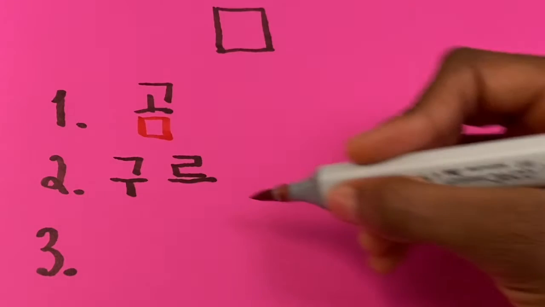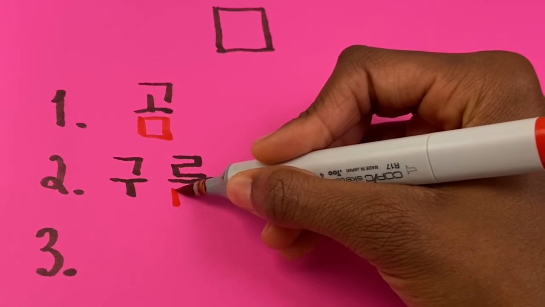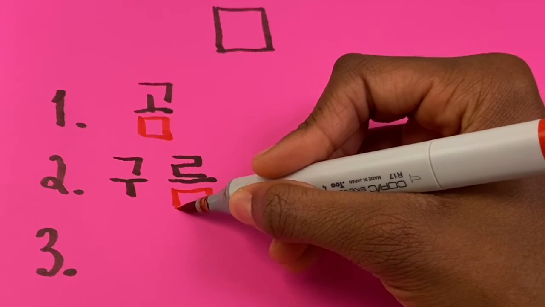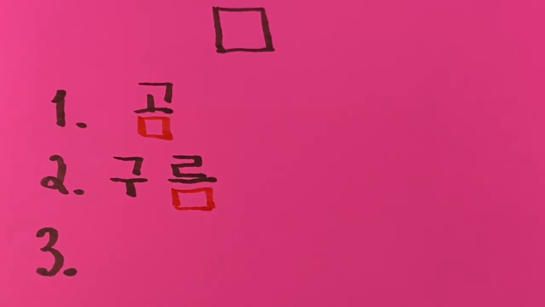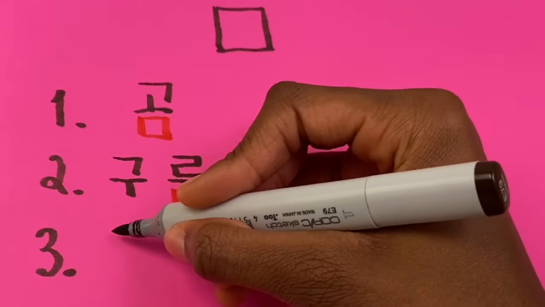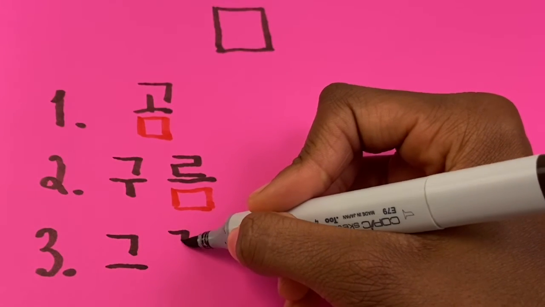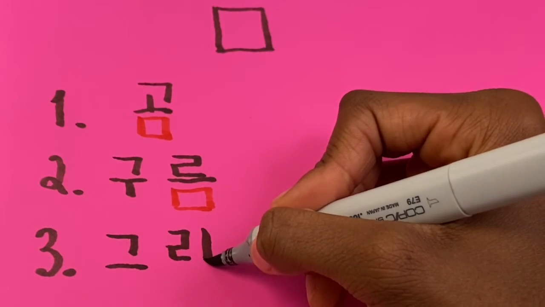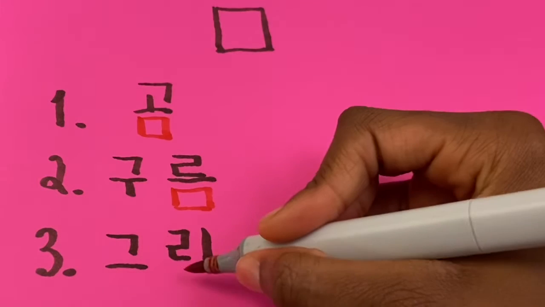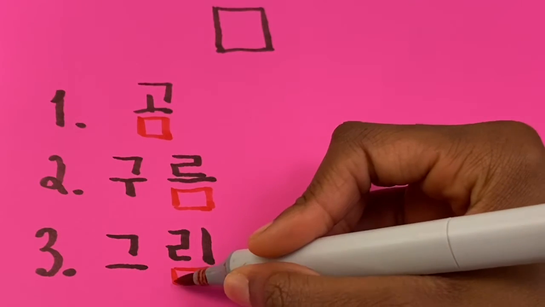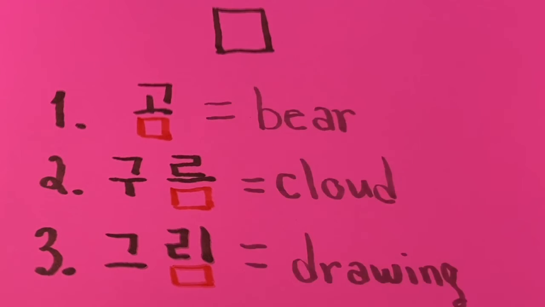I'm ending it with 미음, so now it's 꾸름. Our third word starts with 끄리. I'm ending it with 미음, so now it's 끄림. These are their meanings.